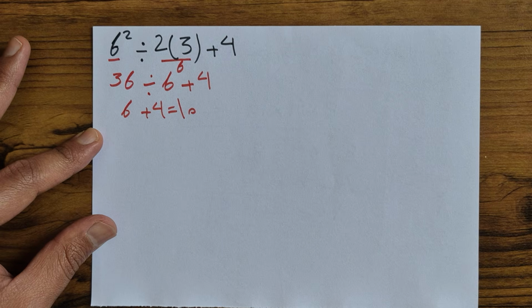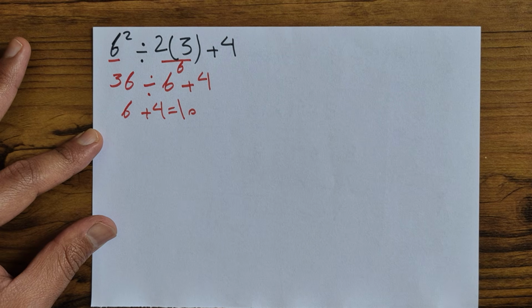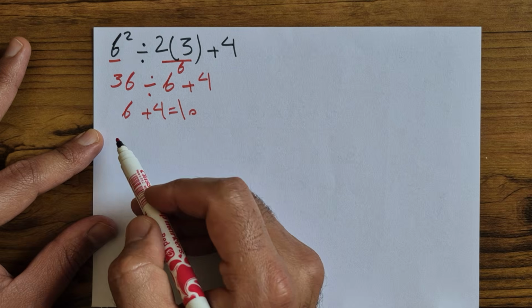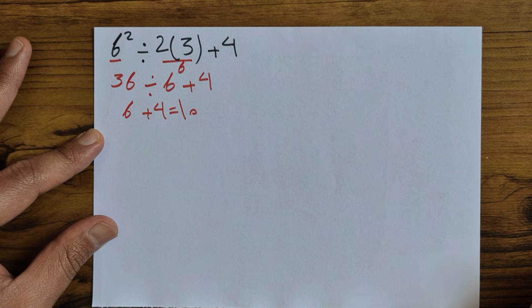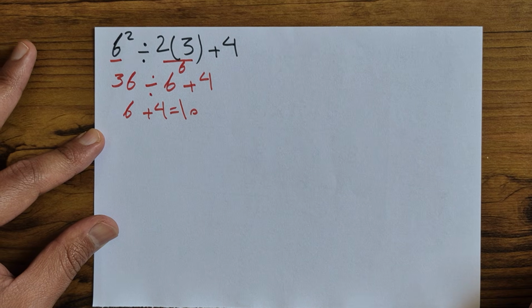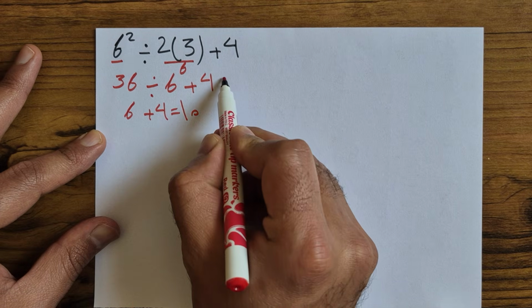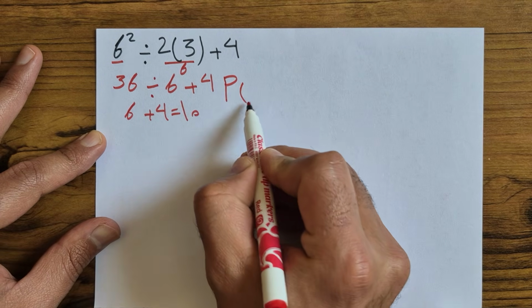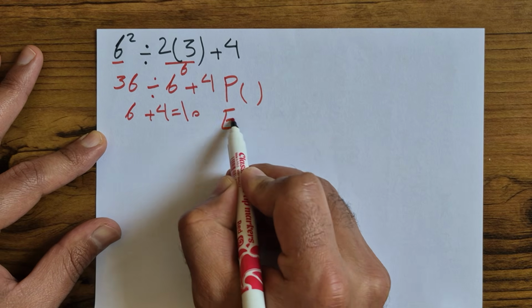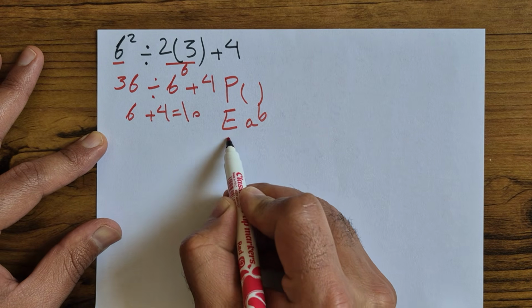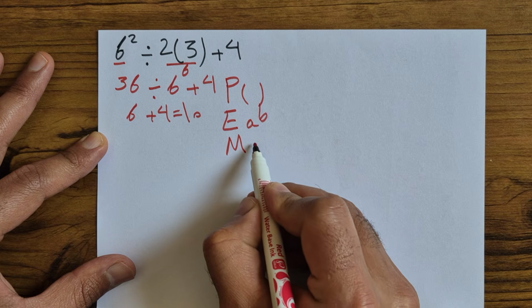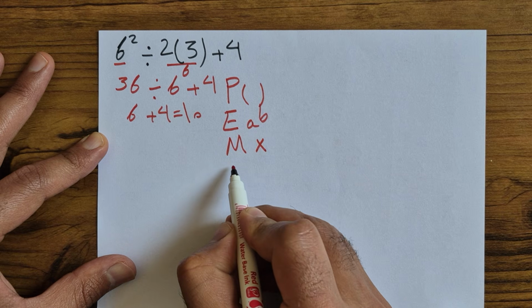Unfortunately, you're not right. This is wrong because you should follow a convention in mathematics that is called PEMDAS. So let me write it down here. P stands for parentheses. E stands for exponents. M stands for multiplication.